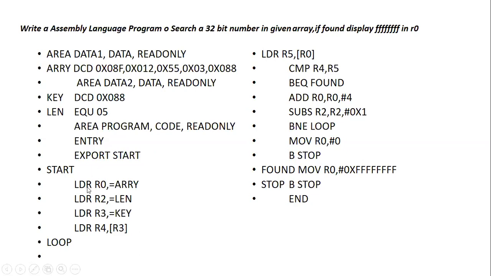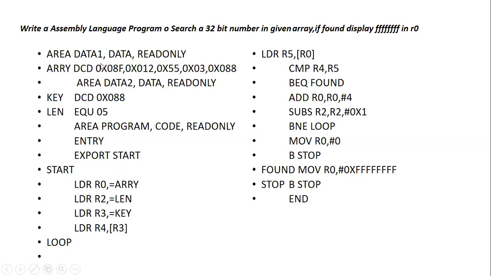Now coming to the program. First, the starting address of the data segment, we are defining it as I explained before. LDR R0, equal to array. So this array you can use, or if you don't want to use array, any variable, directly you can give data one here.